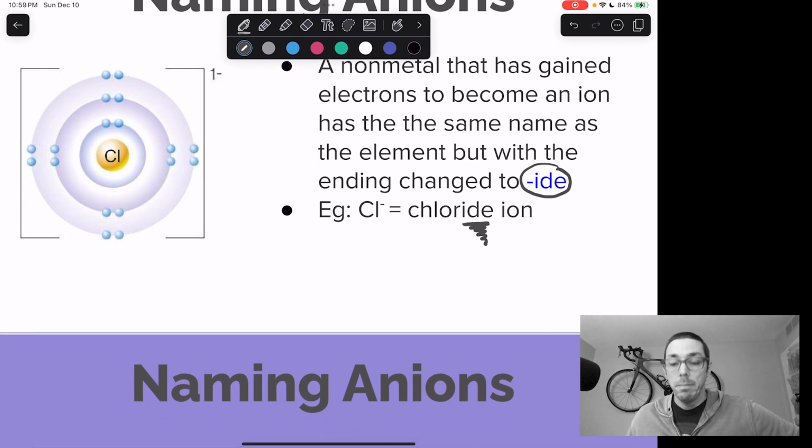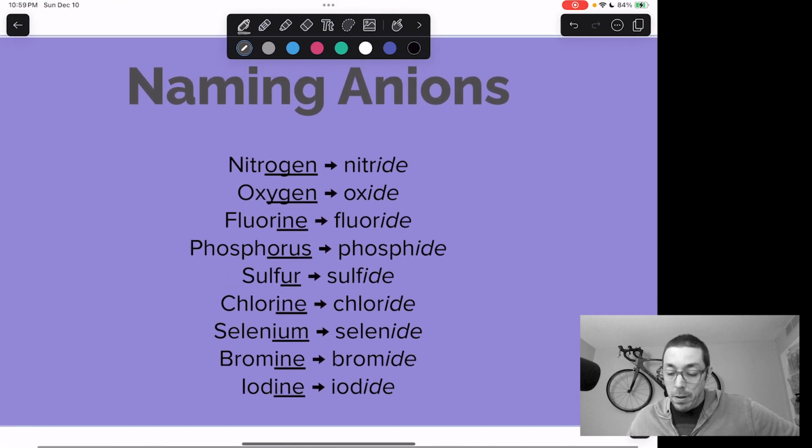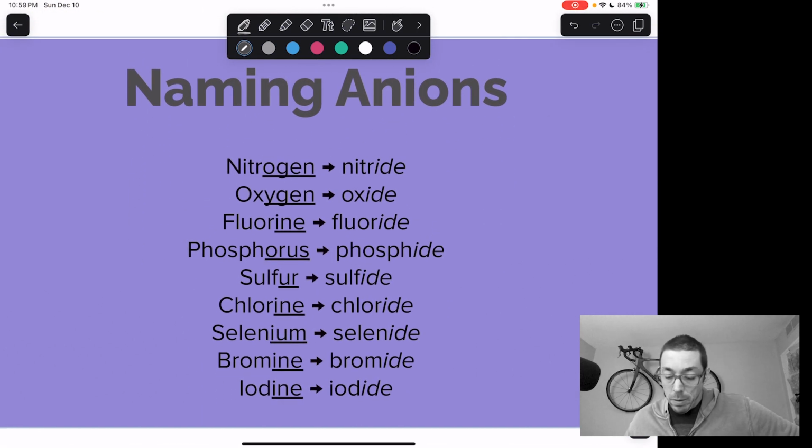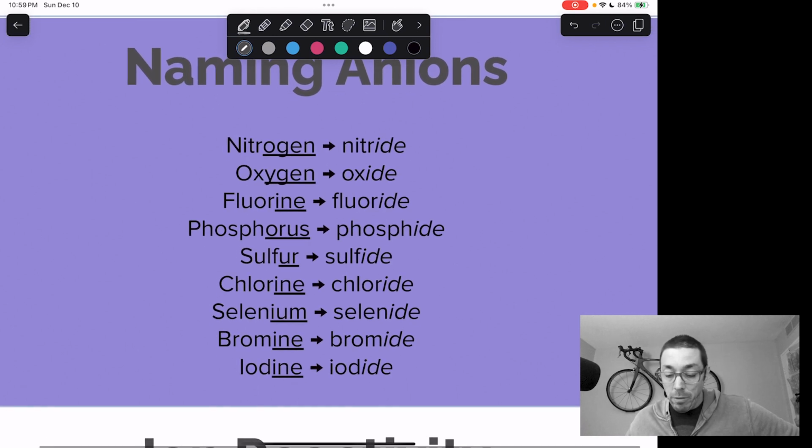But metals just use their regular element name. So here's a whole bunch of negative ions that we could see. All of these are nonmetals, so if they gain electrons, then their name changes slightly to have an IDE ending.